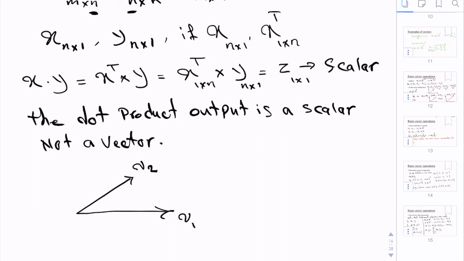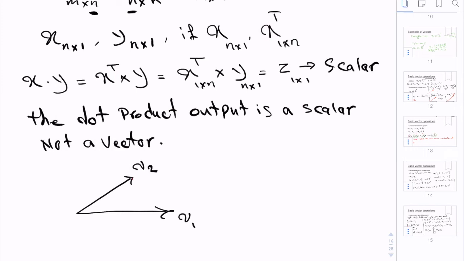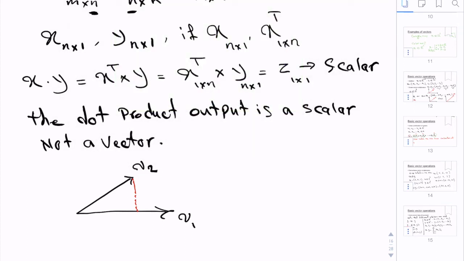So if you project this vector onto this vector, this is the new projection.